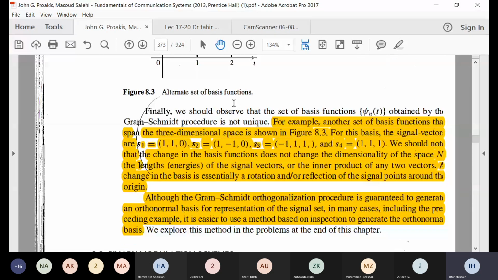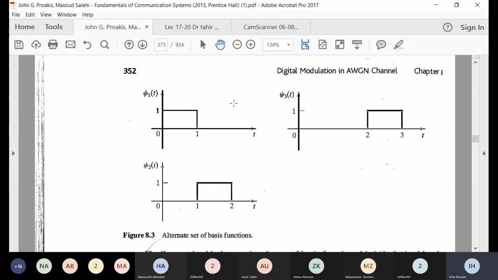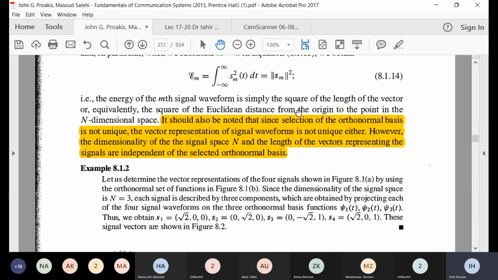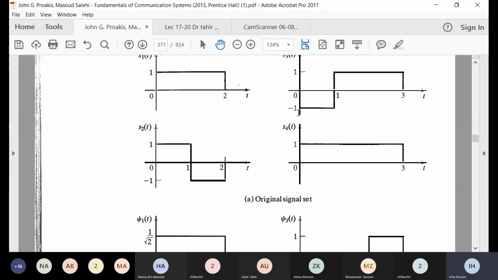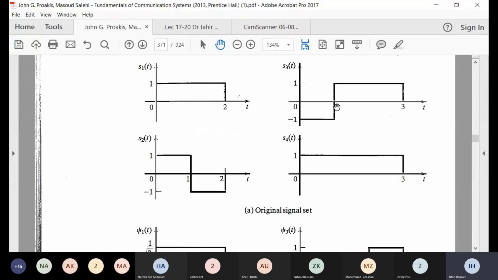The projection of S3 onto psi, this was your S3. So it was -1 and then 1.